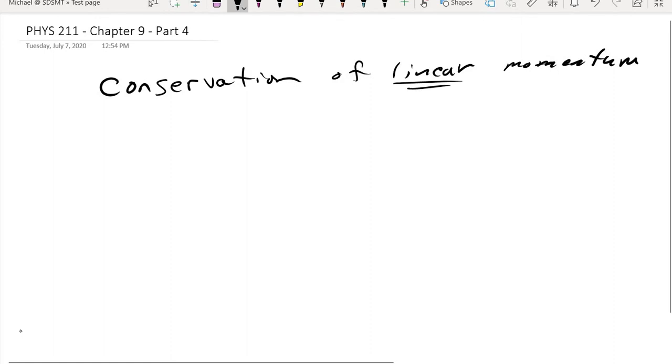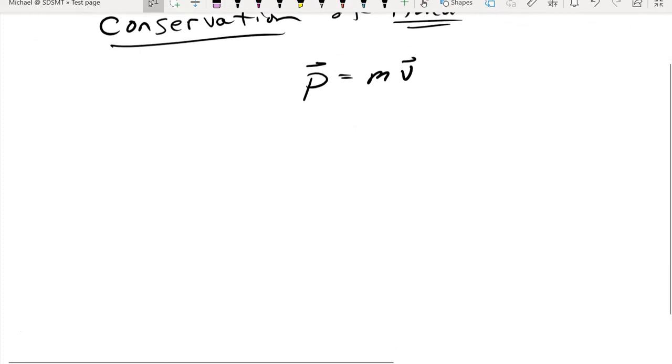That word is going to be very important to us because our definition of momentum is a vector. And to conserve momentum, like every other conservation law that we've had up until now, states that what we start with is what we end with.